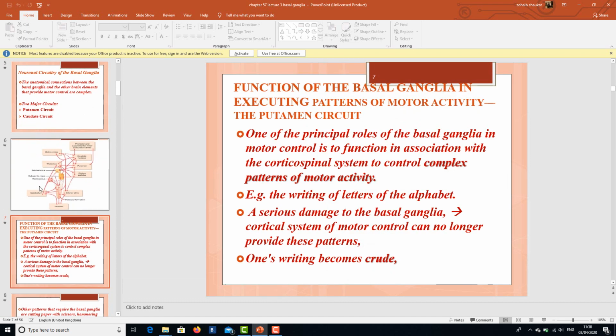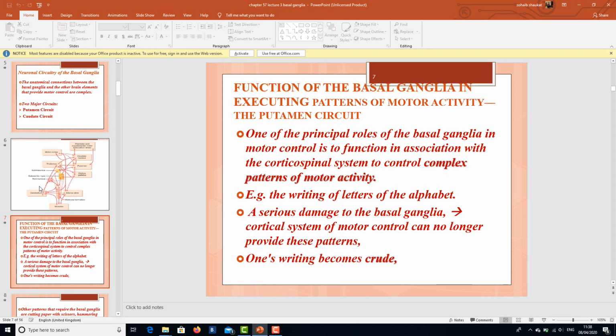Now, the function of the basal ganglia in executing patterns of motor activity. The putamen circuit: one of the principal roles of the basal ganglia in motor control is to function in association with the corticospinal system to control complex patterns of motor activity, for example, the writing of letters of the alphabet.